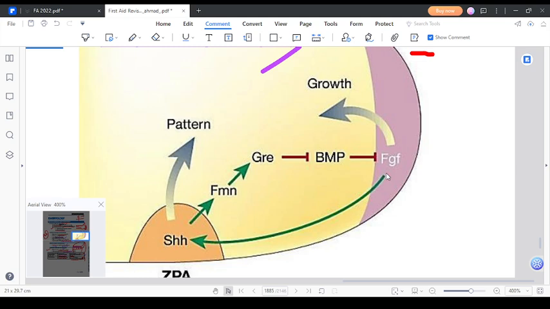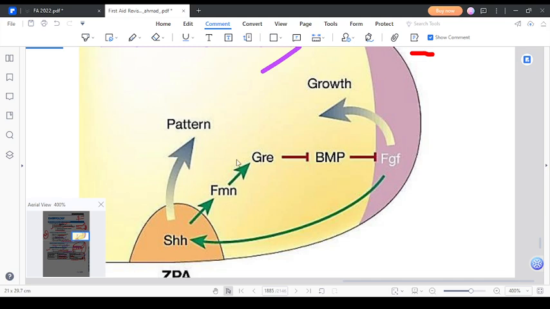But once the FGF is enough and the limbs have grown to their ample length, then FGF needs to be stopped. So FGF will give allosteric signaling to the sonic hedgehog, and sonic hedgehog will inhibit the Gremlin protein. If the Gremlin protein is inhibited, resultantly the bone morphogenic protein will come out of suppression.